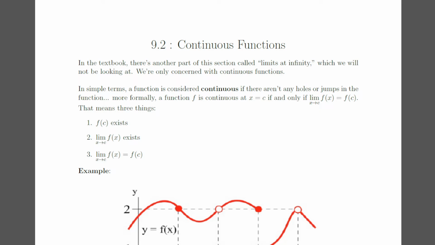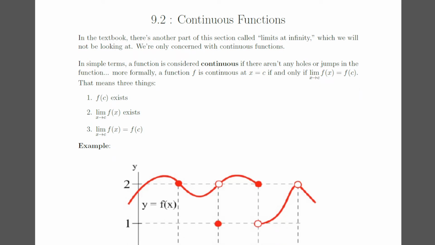One of the things I do want to go through is the definition of what a continuous function is. In real simple terms, a continuous function doesn't have any holes or jumps at the particular point that you're looking at.